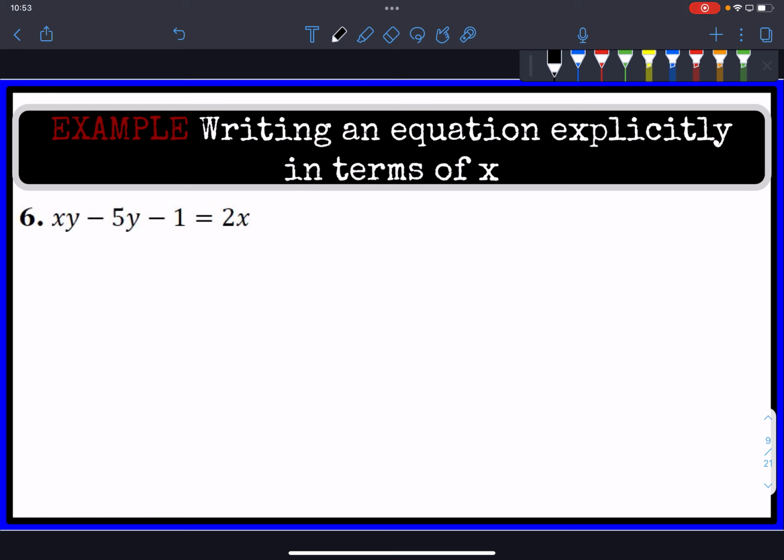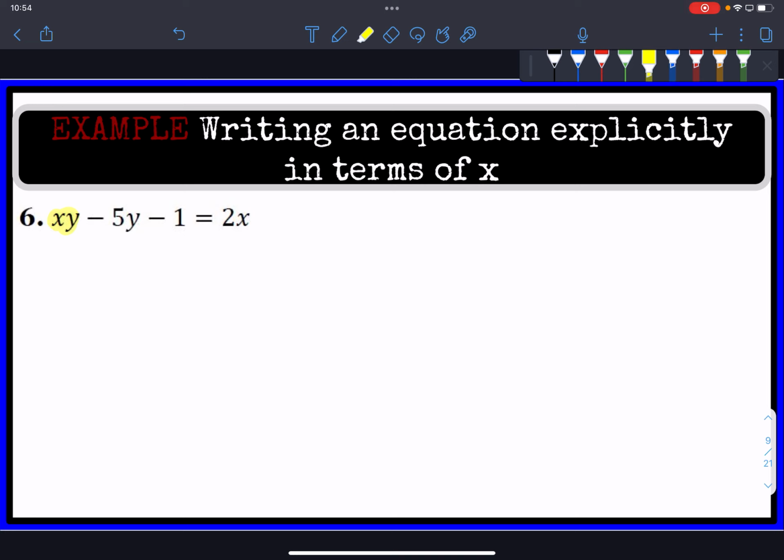Now, this last example on writing equations explicitly in terms of x is a trickier one, because you'll notice again that while we want to move this term that has an x, we can't, because it also has a y term. So to write an equation explicitly in terms of x, again we're solving the equation for y.